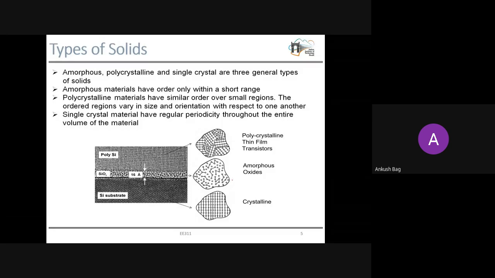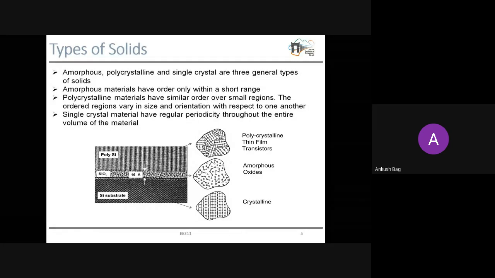There is nothing liquid or gaseous that we can use to build our device. So all are solid state devices. Now this solid state material, in terms of crystallinity, you can categorize as polycrystalline film, amorphous, as well as crystalline.